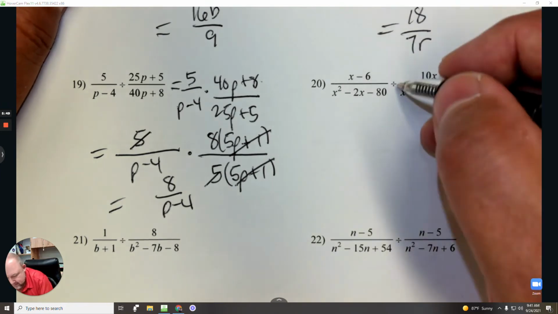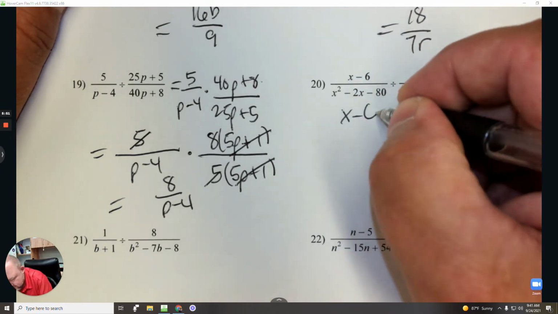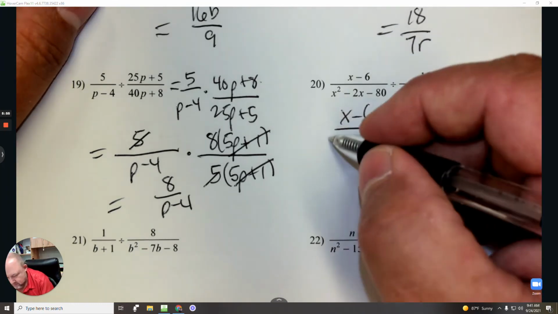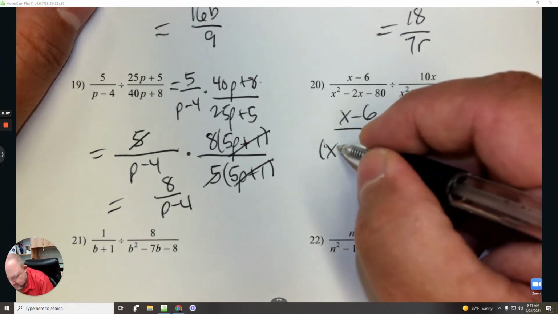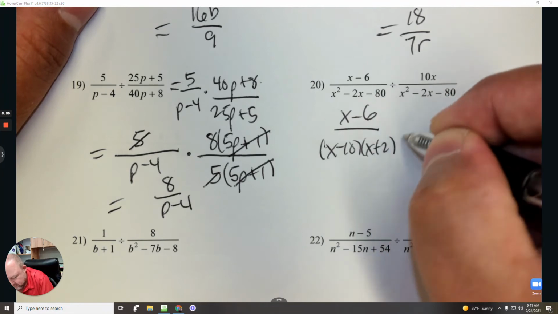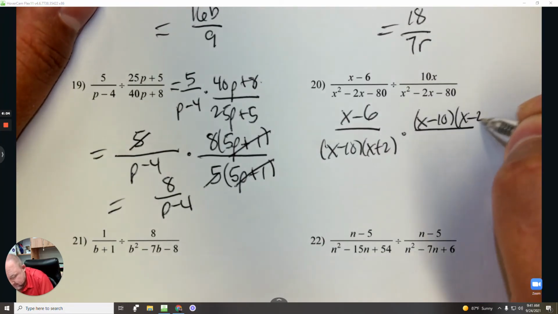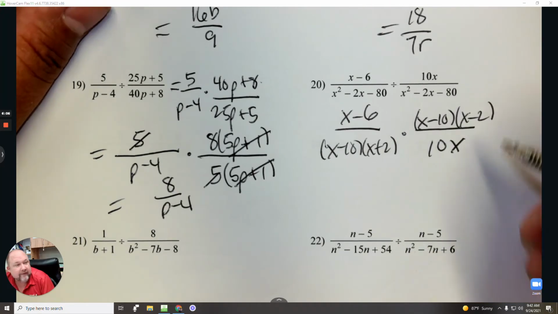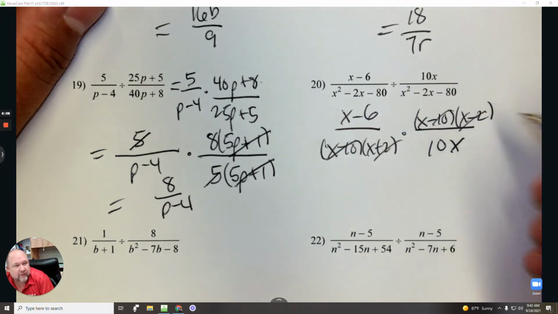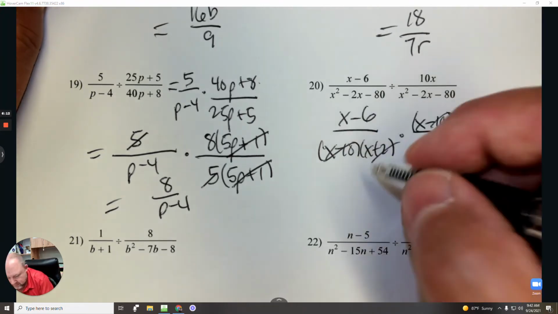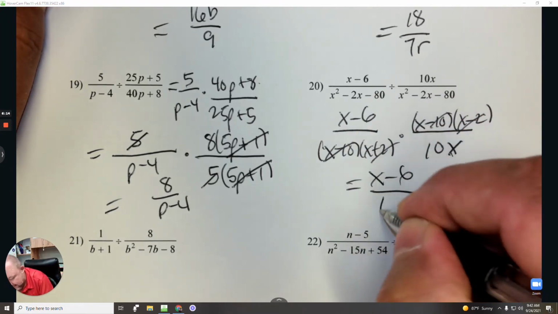Number 20, again, step 1. And as I do this step, I'm going to factor at the same time. So I have x minus 10, x plus 2. I'm going to do the reciprocal and factor at the same time. And then remove. So we can remove the common factors. These do not remove. X subtract 6 removes with x subtract 6.